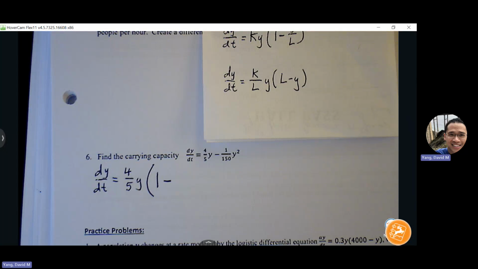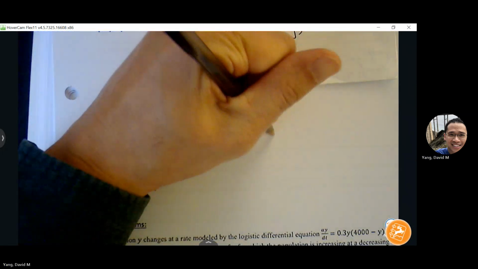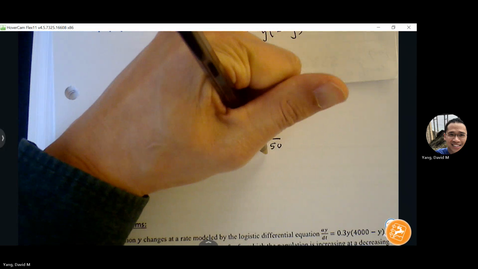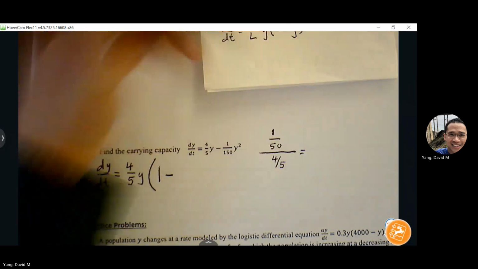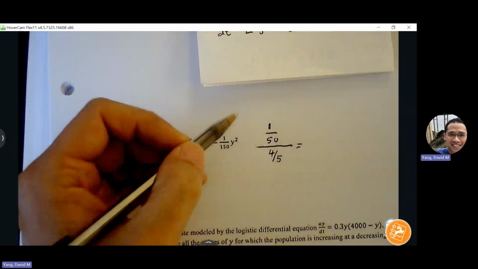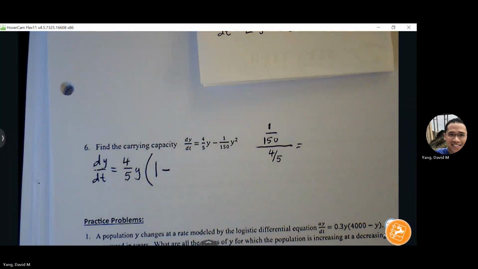Okay, what can we do if we factor a 4/5 out of this? Basically we have to do 1/50th divided by 4/5, right? Sorry, 1/50th divided by 4/5.